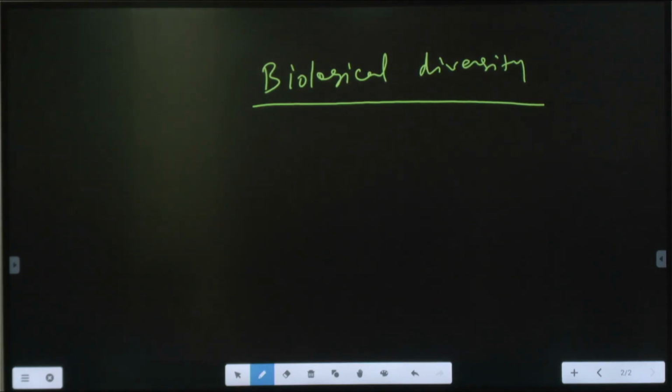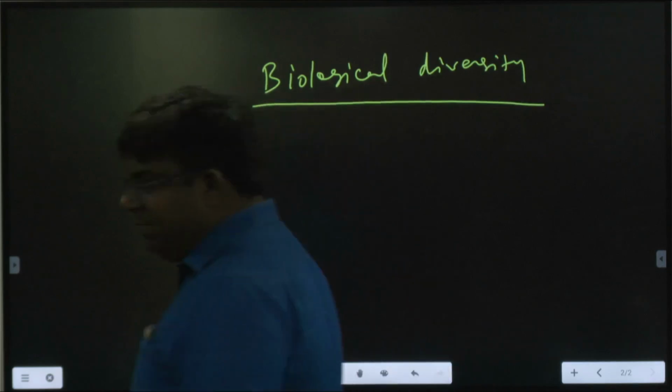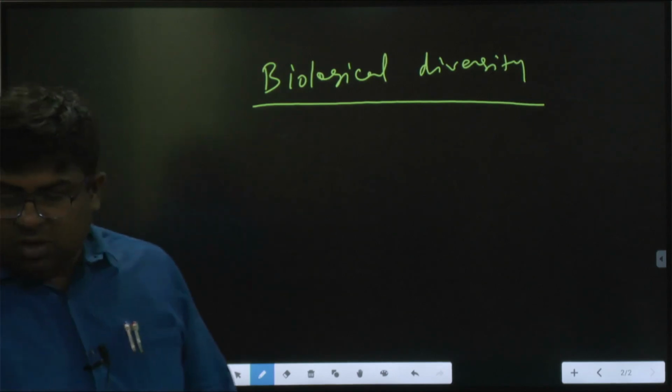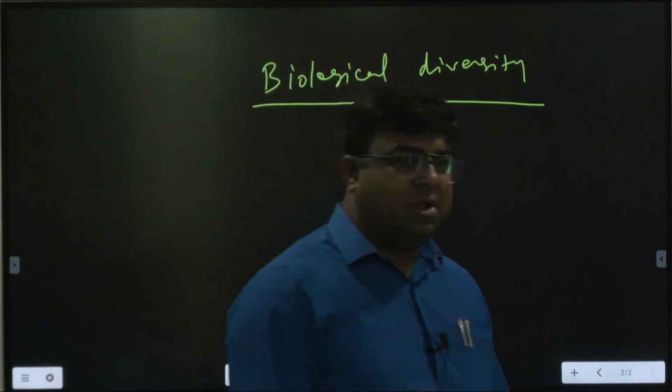This complexity is evident from the fact that the present biodiversity of Earth is only 2% of its original level of biodiversity.